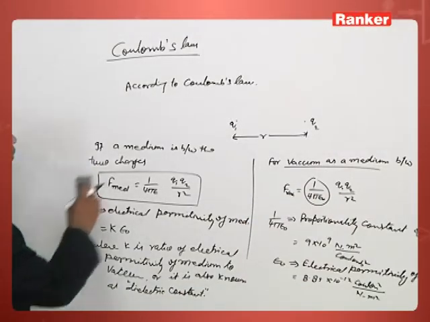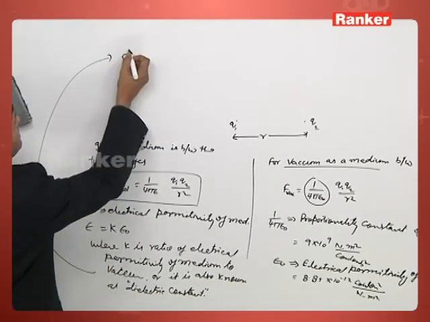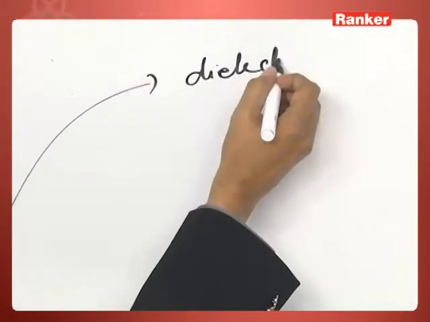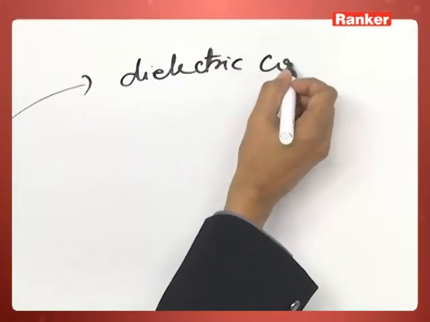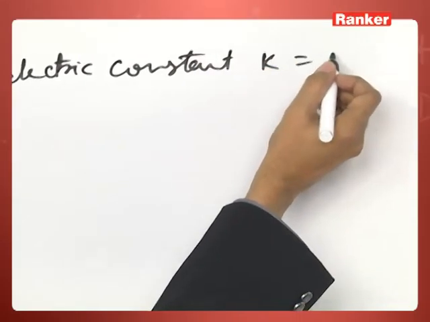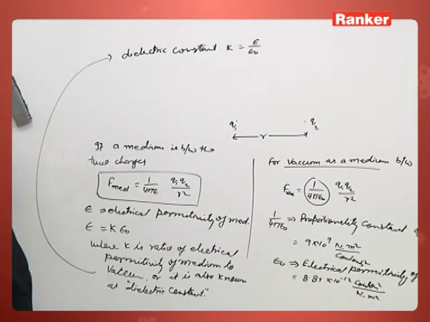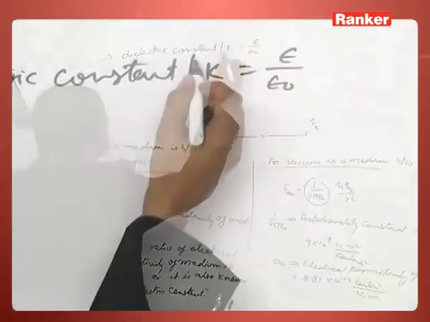So from here we can write the dielectric constant K is epsilon by epsilon naught. This is the important relation.